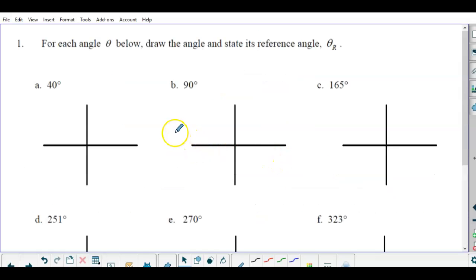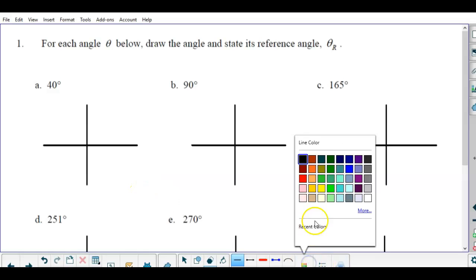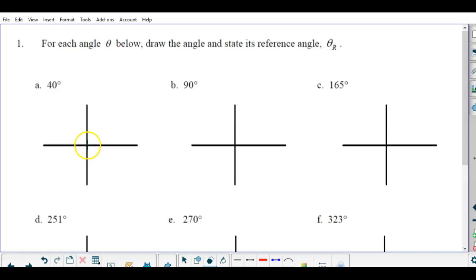So for each angle theta below, draw the angle and state its reference angle. Often we use a little subscript r. For 40 degrees, you're just going to estimate. Here, 40 degrees I would say would be about like that.